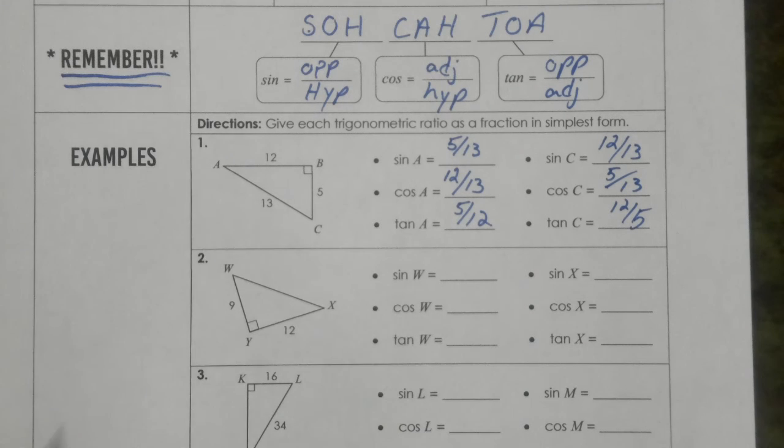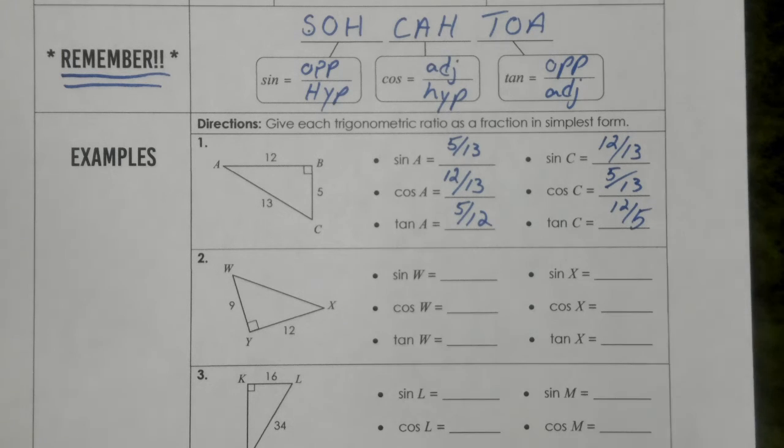Now, with the first example, all three sides of the triangle were given. But here in example 2, we can see that we don't know what the hypotenuse is. If we're going to write trig ratios for sine and cosine especially, we have to know what the hypotenuse is.